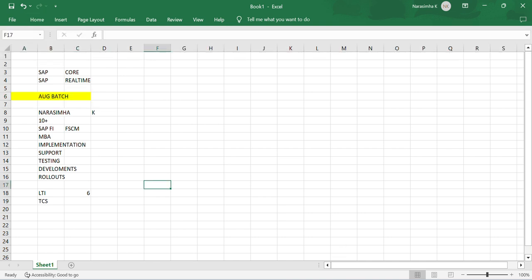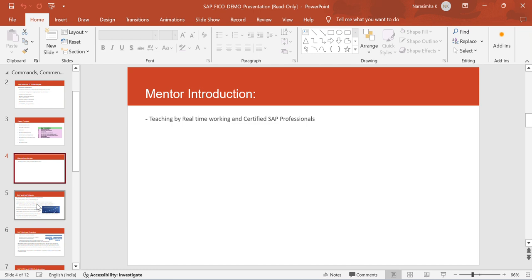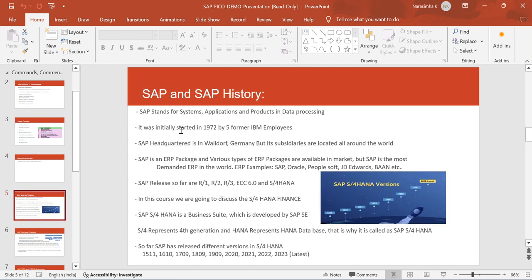Coming to SAP, what is SAP and what is the history of SAP? SAP stands for Systems, Applications and Products in Data Processing. SAP was initially started in the year 1972 by five former IBM employees.